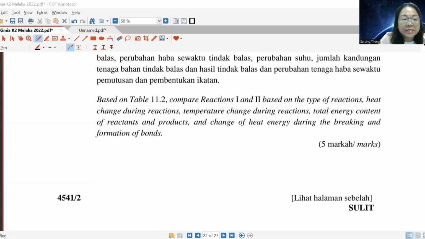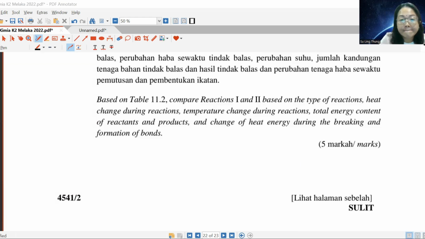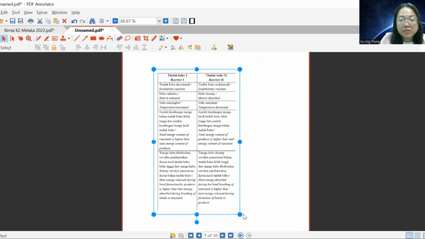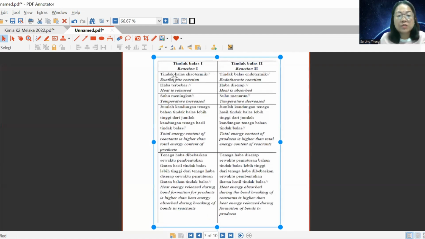Let me show you what it looks like when we tabulate it out. First, we need to tabulate out differentiating these 2 particular reactions.